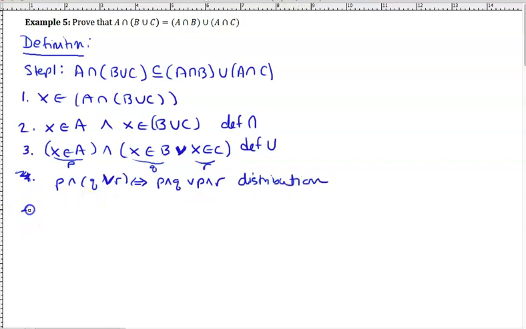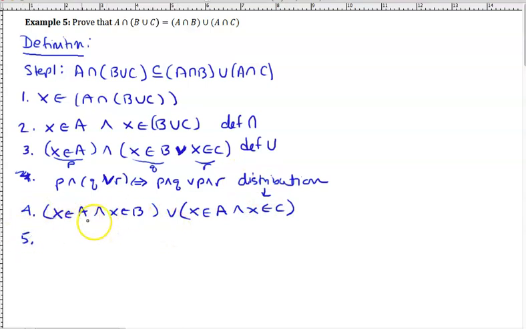So I can use that law in here. I can say that I have X is in A and X is in B, or X is in A and X is in C. This is using the distributive law.